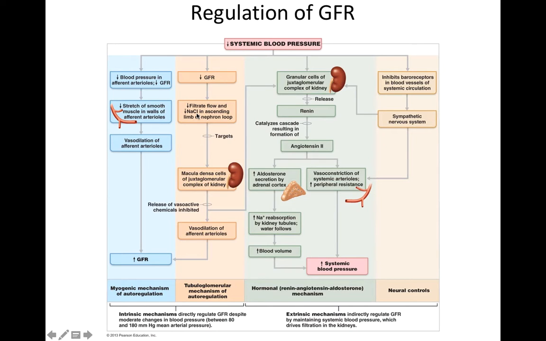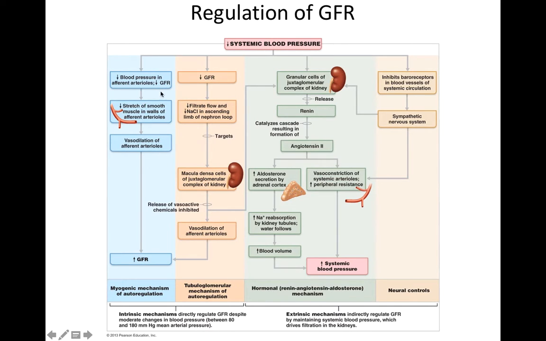So this is where the juxtaglomerular apparatus or complex comes in. Those macula densa cells are going to go, whoa, I don't have enough sodium chloride, so we are going to release vasoactive chemicals. That is going to vasodilate the afferent arterioles, which in the mechanism we just talked about would increase GFR.